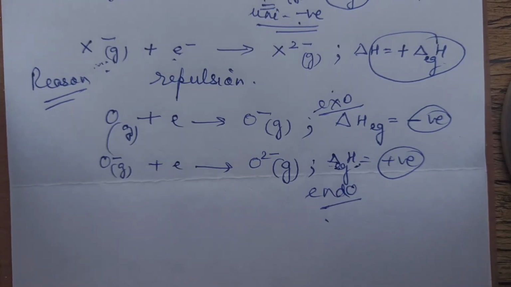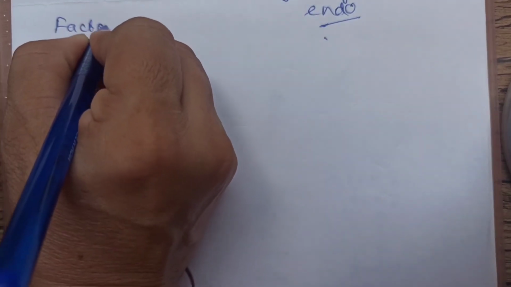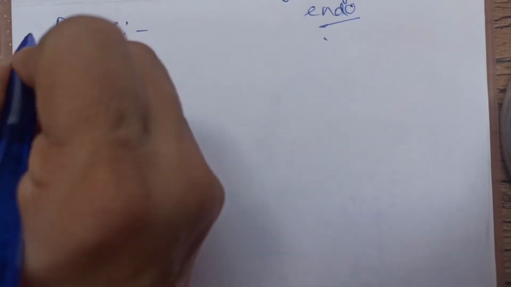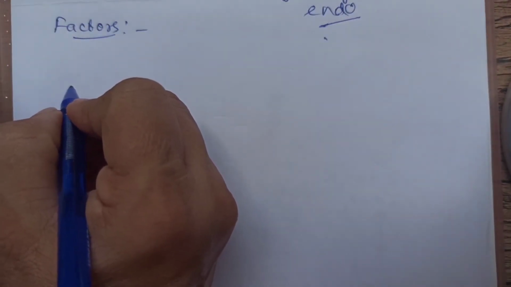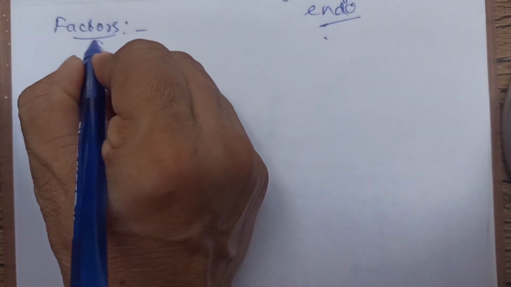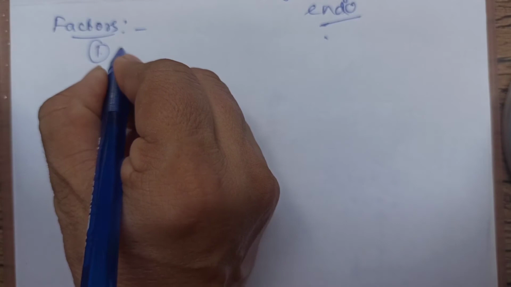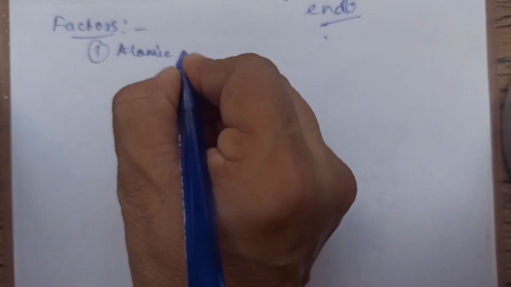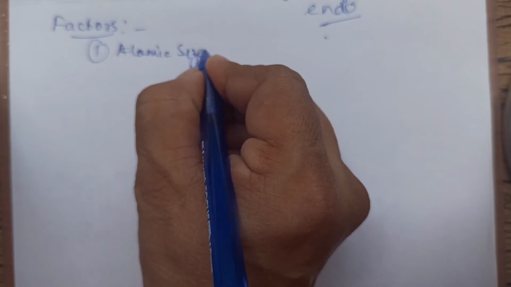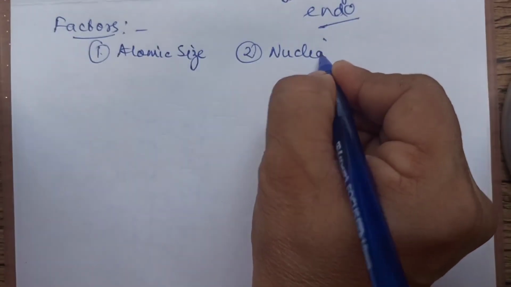Let us move ahead to the factors which affect electron gain enthalpy. Like we have discussed in the previous periodic properties, you have three major factors. First one is atomic size, or you can call it atomic radius. Second, the effect of the nuclear charge.